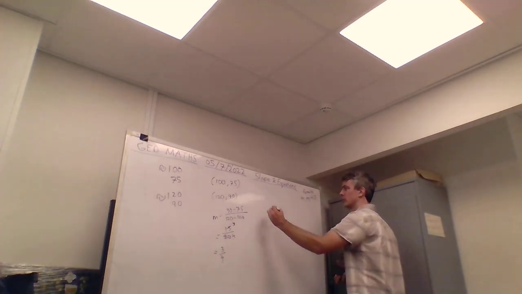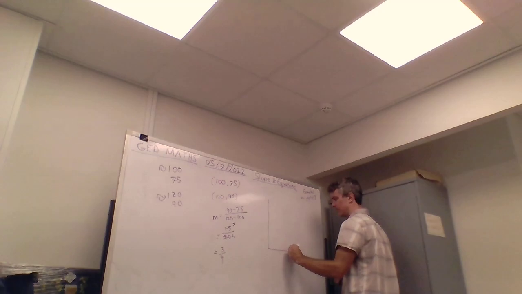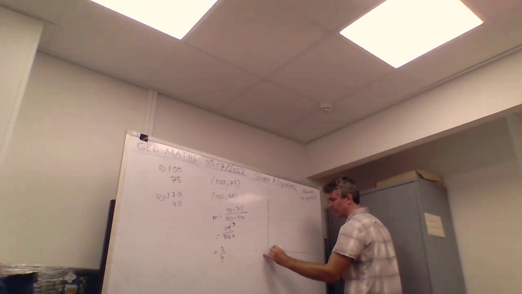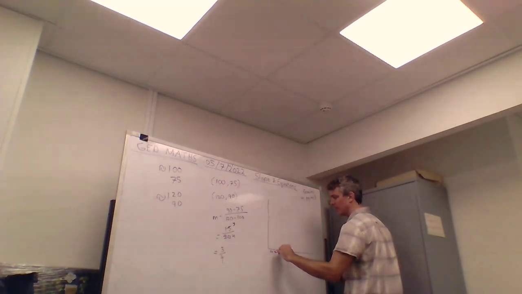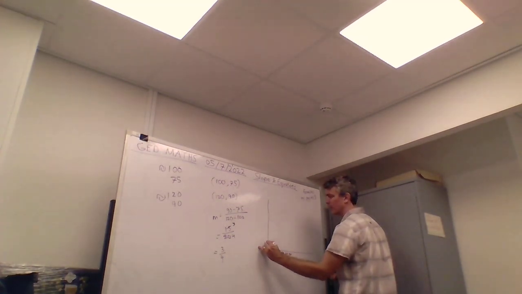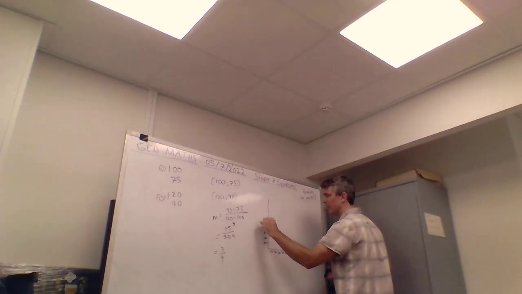So you could imagine drawing a graph like this. Here we're going to do every 20: 20, 40, 60, 80, 100, 120, and here also 20, 40, 60, 80, 100, 120.